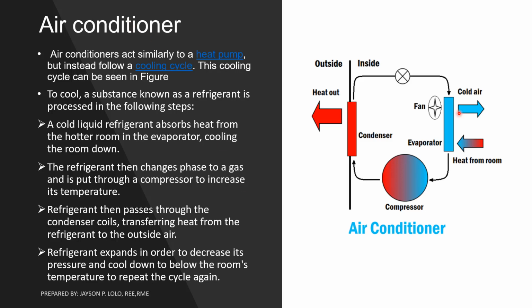Now, this is the air conditioning process: from the outside, the inside, to the fan, evaporator, compressor, and condenser. The air conditioner is a key component of the HVAC system, which focuses on home temperature control in order to maximize comfort and livability in a space.